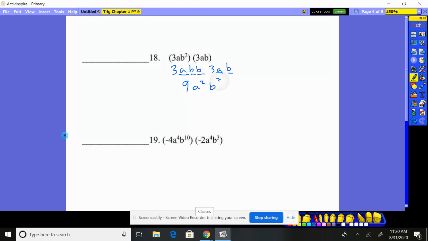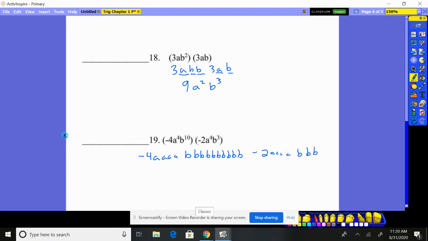19. Has a whole lot of things here. We have negative 4, a, b, 3, 4, 5, 6, 7, 8, 9, 10 times negative 2, a, b.